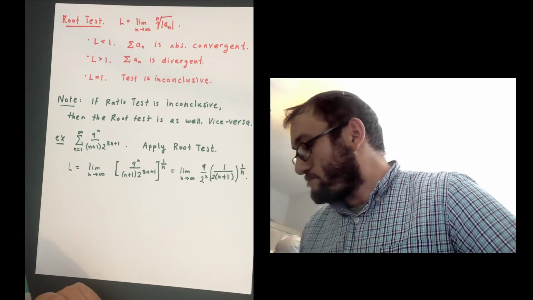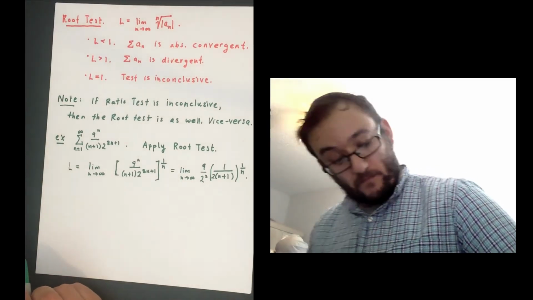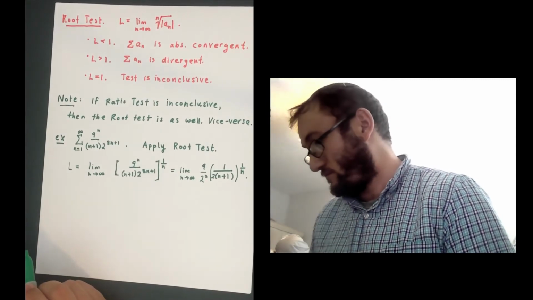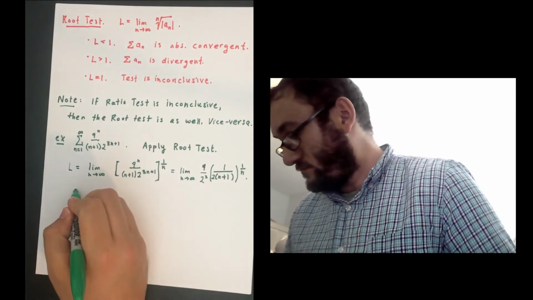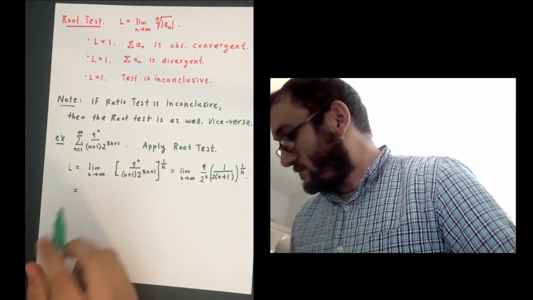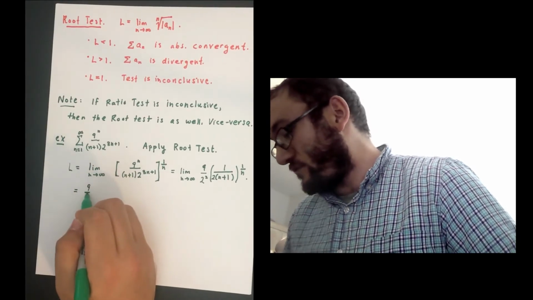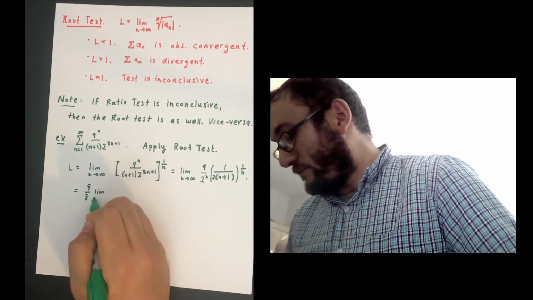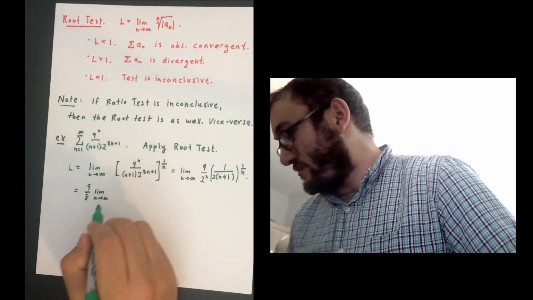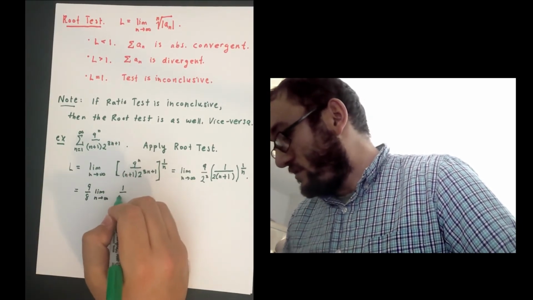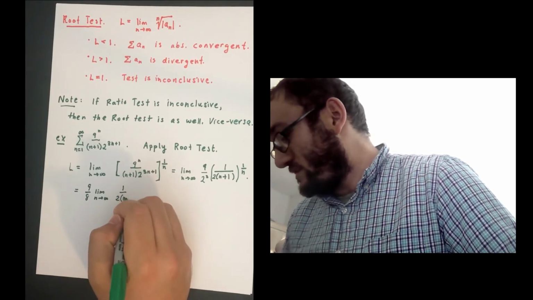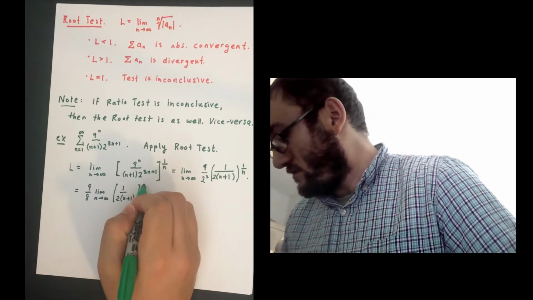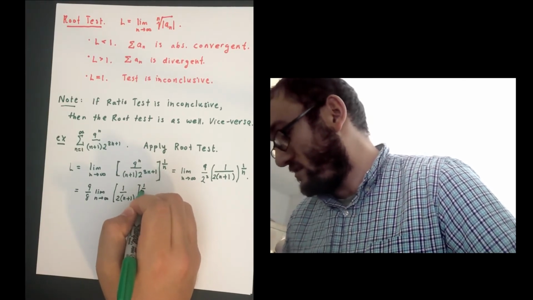And what do we have here? I can factor this 9 over 8 out of the limit. I'm left with 9 over 8 times the limit as n goes to infinity of 1 over 2 times n plus 1 to the 1 over n.